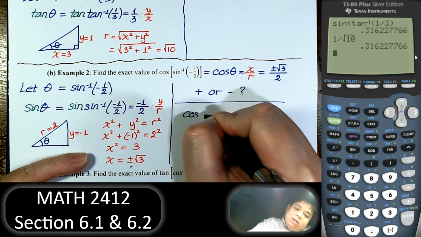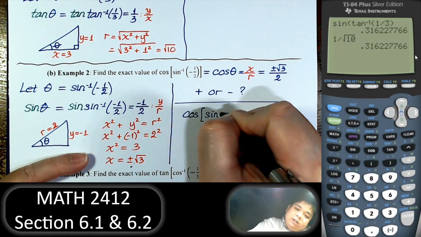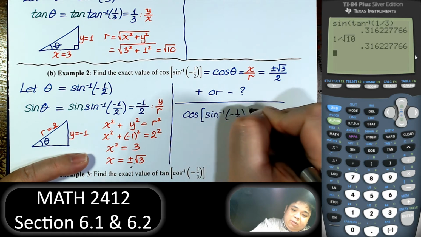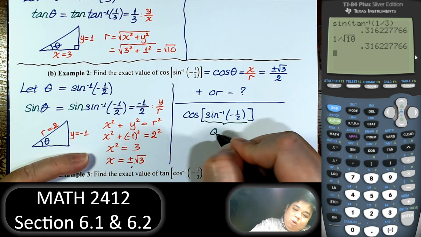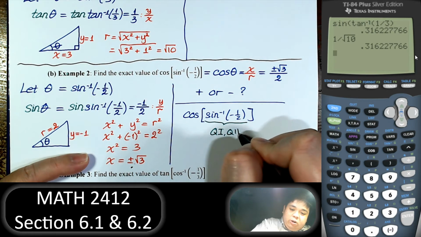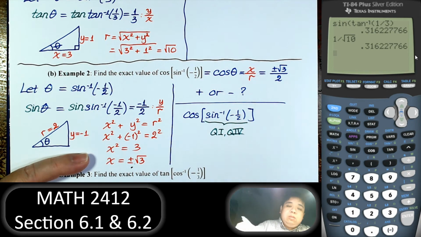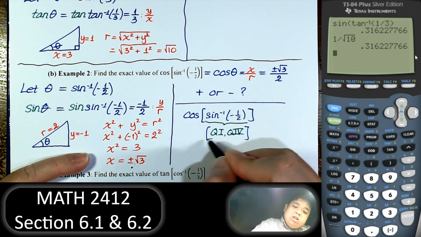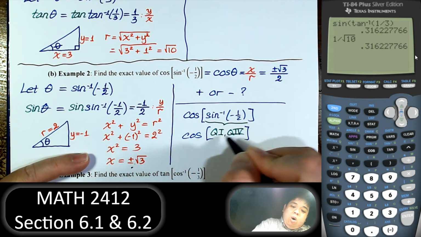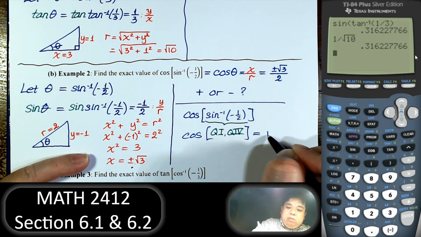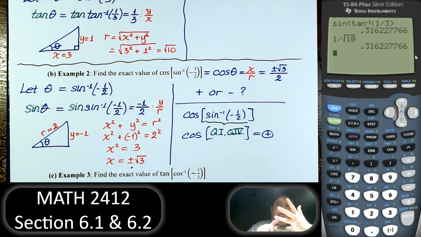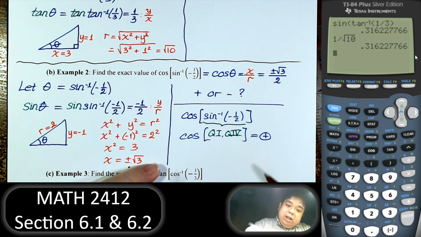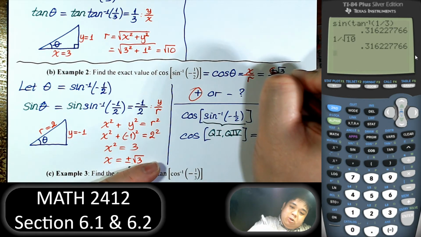We have cosine of sine inverse of -1/2, which is in quadrant 1 or quadrant 4. Regardless of which it is, cosine in quadrant 1 and quadrant 4 is going to be positive. Remember, All Students Take Calculus: in quadrant 4 cosine is positive. So it's going to be positive.